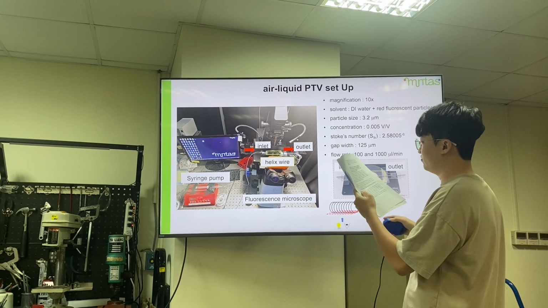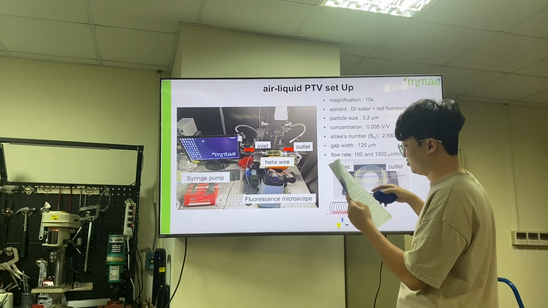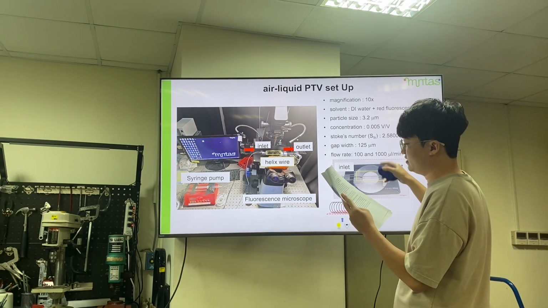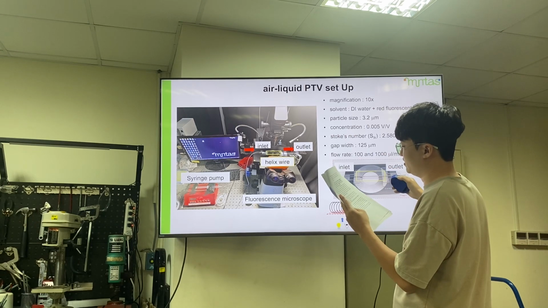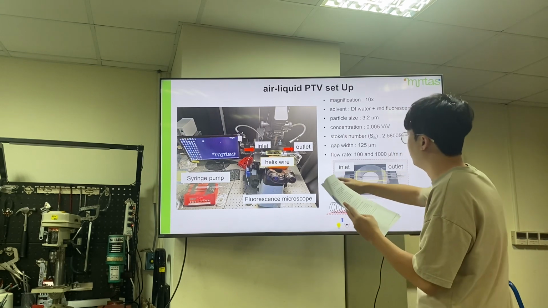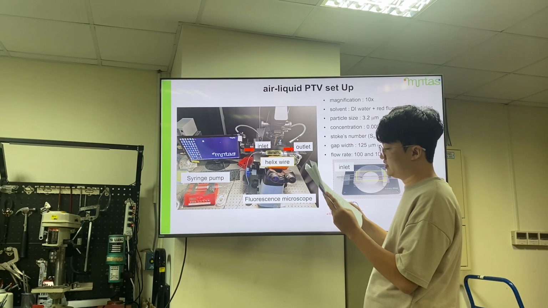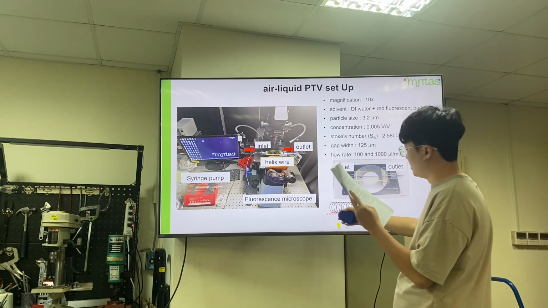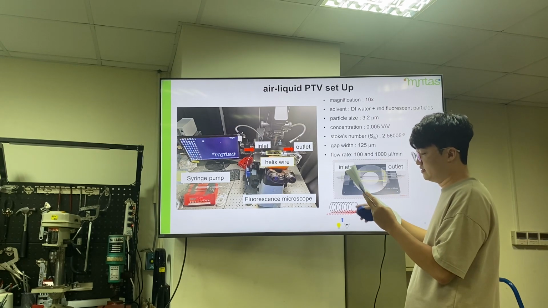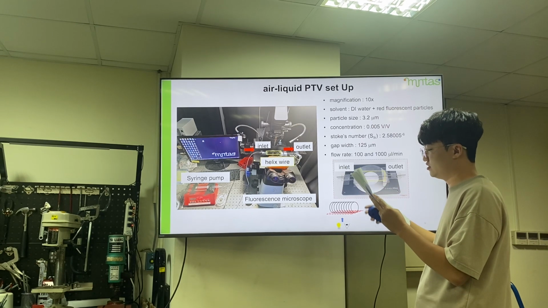Here is the configuration of the particle tracking velocimetry system. Its purpose is to validate the simulation result in detecting the generation of vortex within the helix wire. We observe the frozen particles at the bottom of the helix wire to ascertain whether they follow the vortex trajectory.